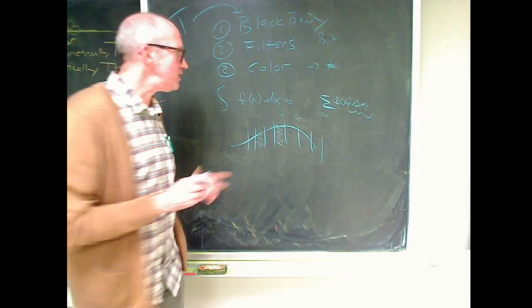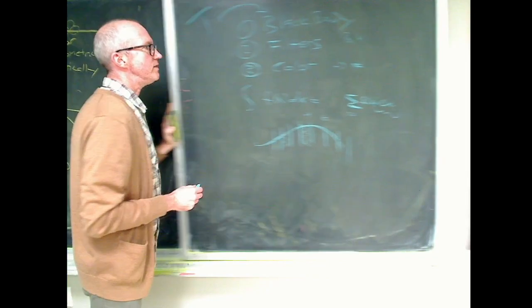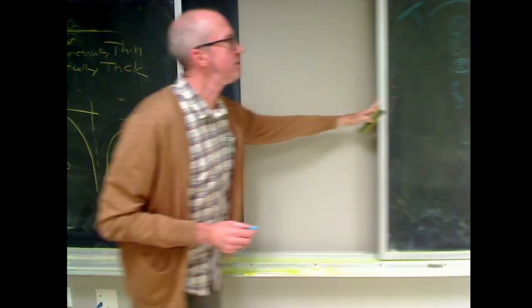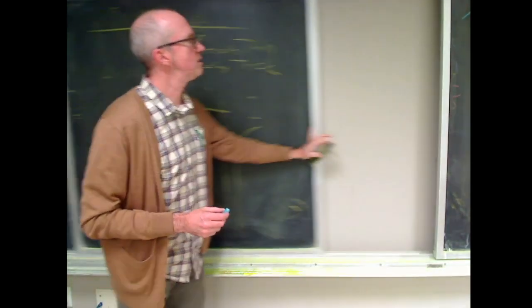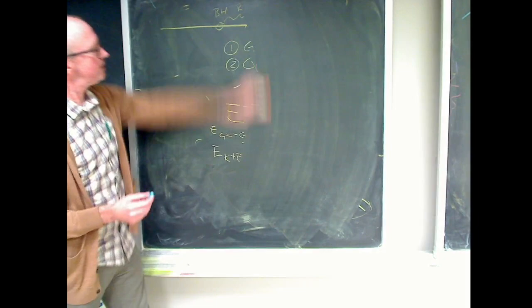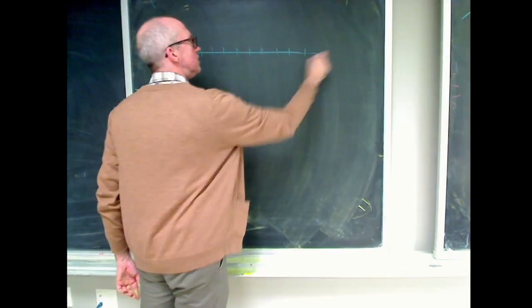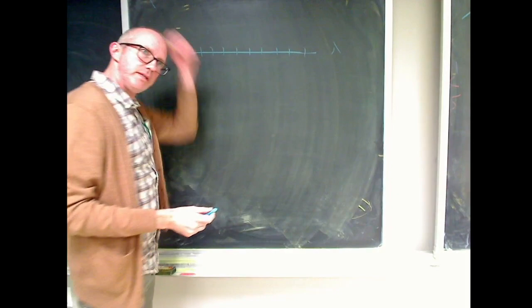So the first thing we do is we take the difference of these two arrays. So I'm going to have an array of wavelengths. We'll call them lambda.